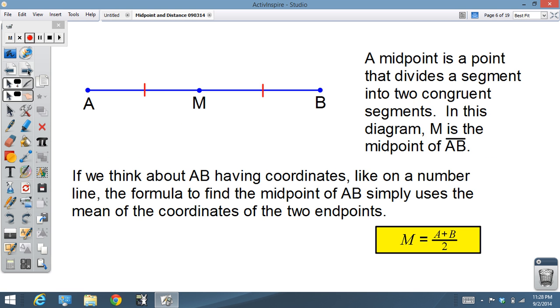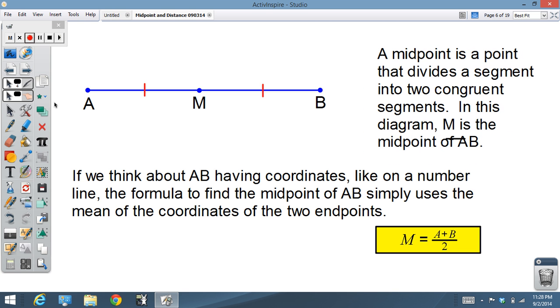Midpoints. I know we defined this earlier, but a midpoint is a point that divides a segment into two congruent segments. In this diagram, M, since it takes AB and splits it in half, splits it into two congruent segments.